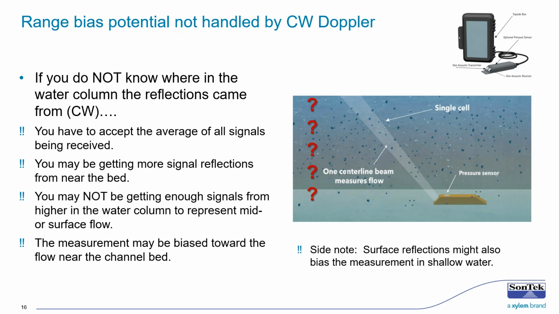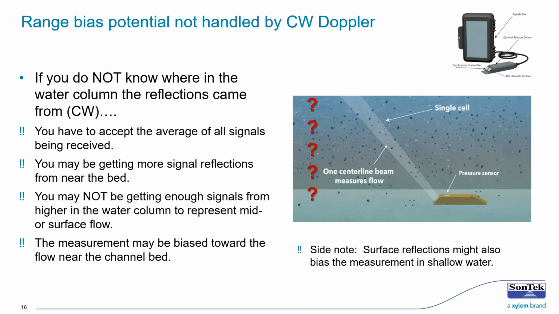If you don't know where in the water column the reflections come from, there are a couple things you have to accept here. The first is that you have to accept the average of all the signals being received. Like we discussed, a continuous wave system just sends out one beam, and along that beam path it will average all the reflections and the Doppler shifts that it's seeing there.